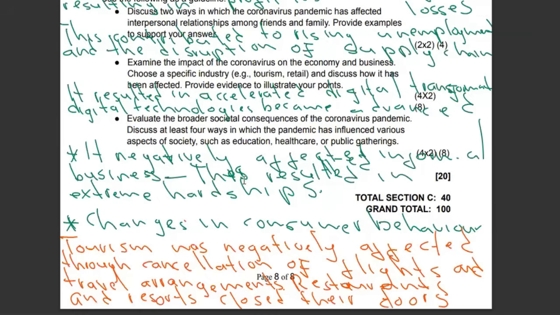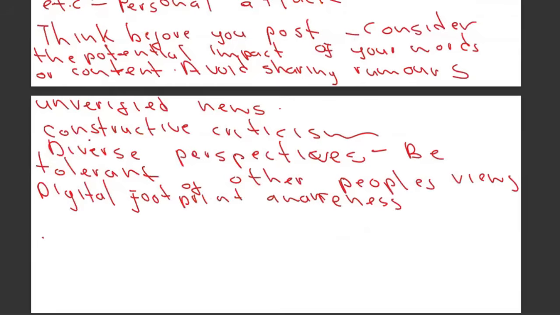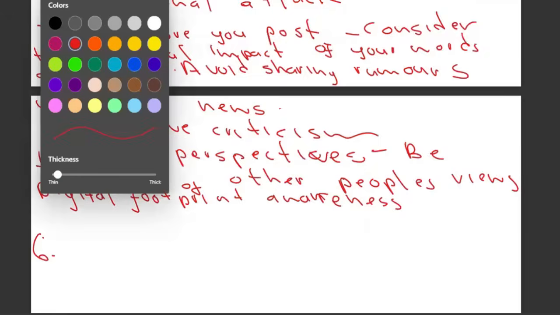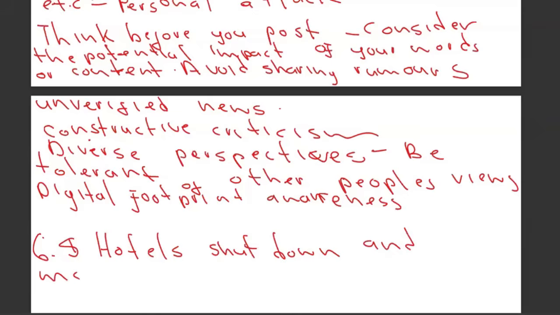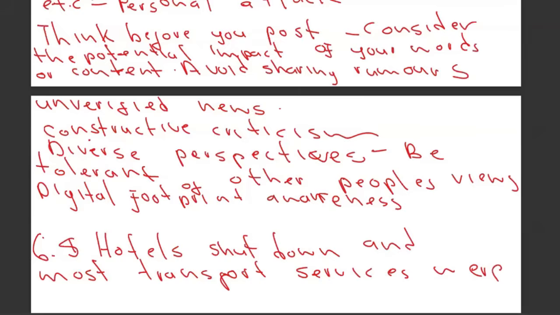Then in addition to that, you can also say that, okay, so this is question 6. Hotels shut down and most transport services were suspended, e.g. train services and others.